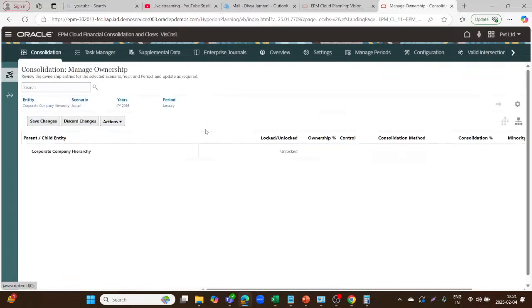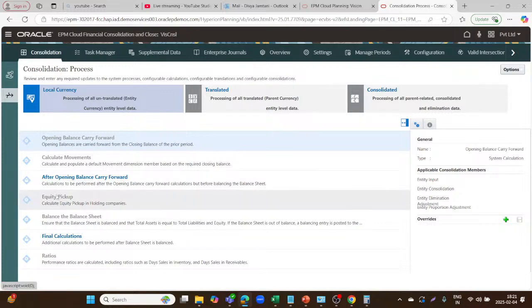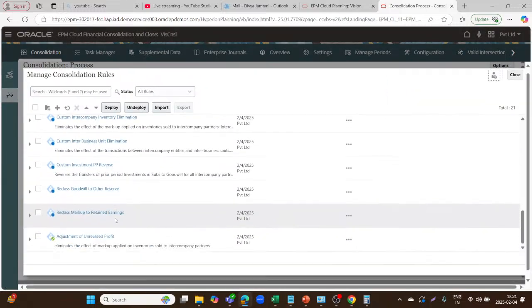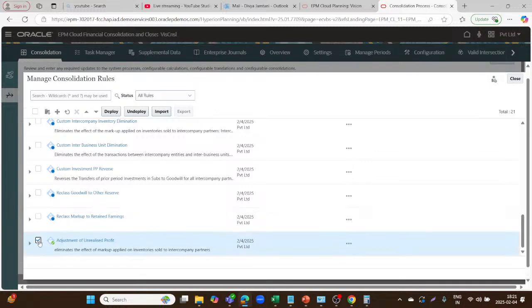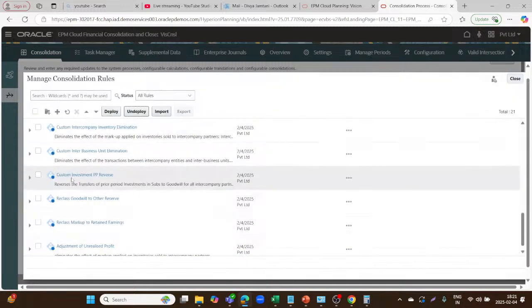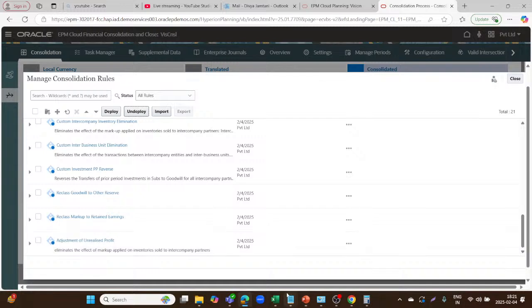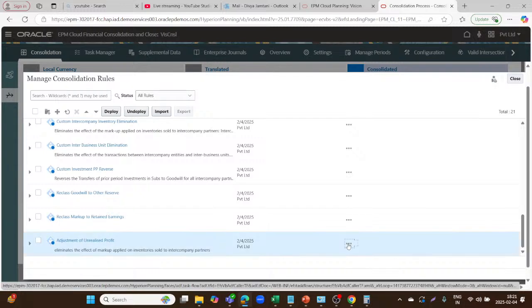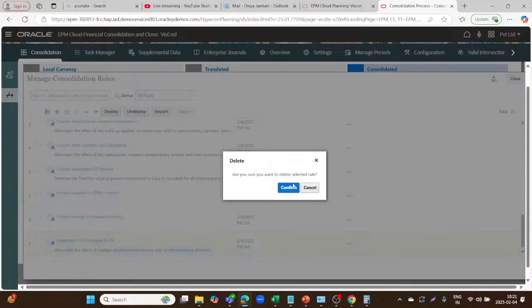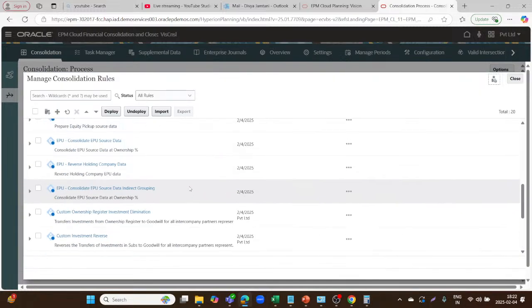You can even do the similar entry through a journal, but for the sake of learning, as we are covering the topic of configurable consolidation, we'll be seeing how to do the similar entry with the help of writing configurable rules. I have already done this, but for the sake of simplicity, I'll create it again. I'll delete this. Okay, let's start.